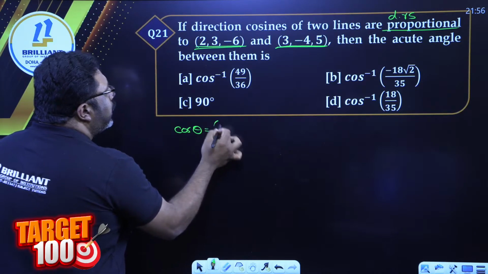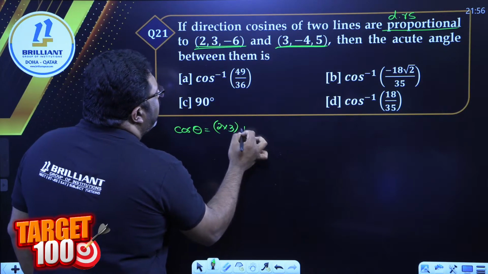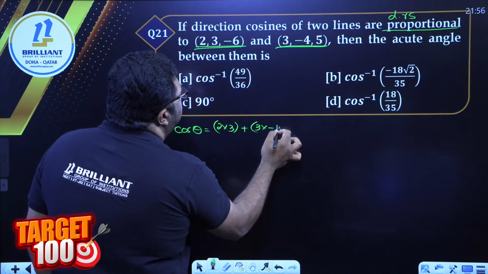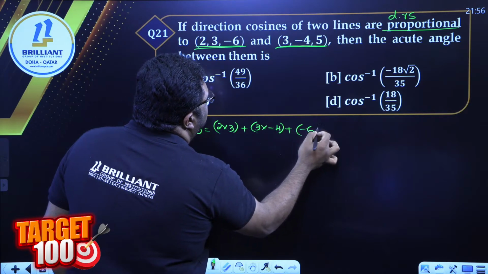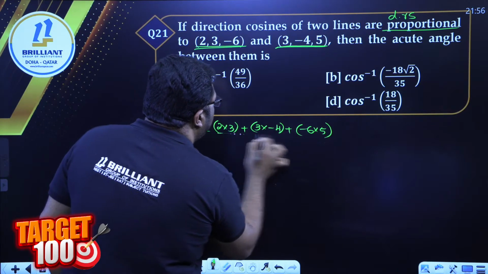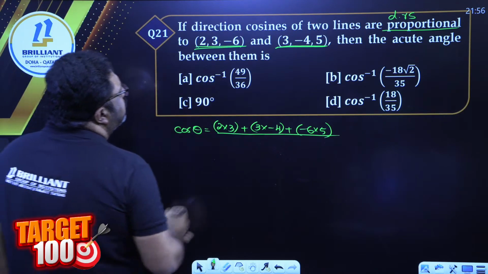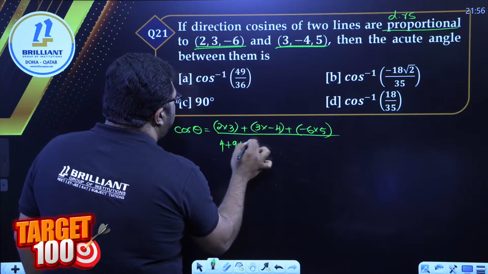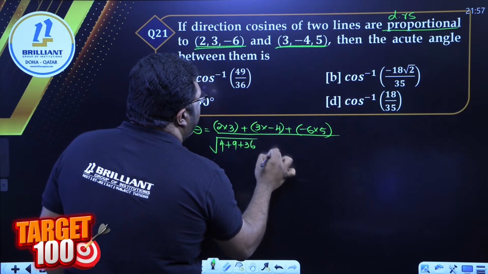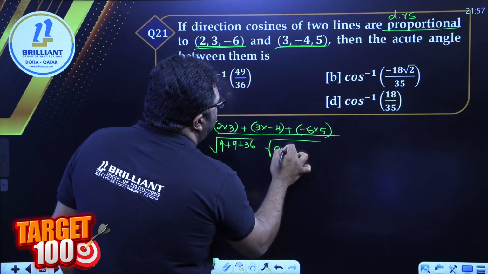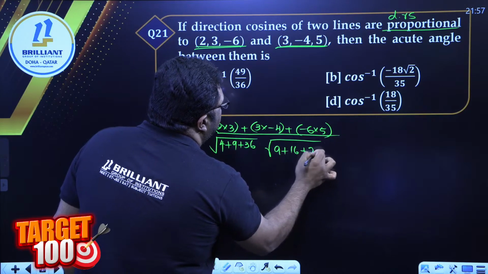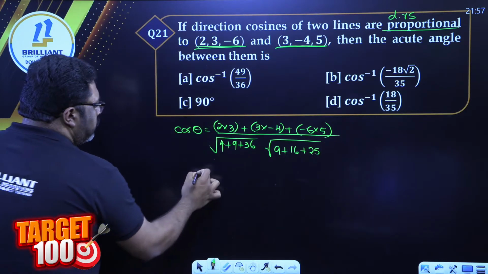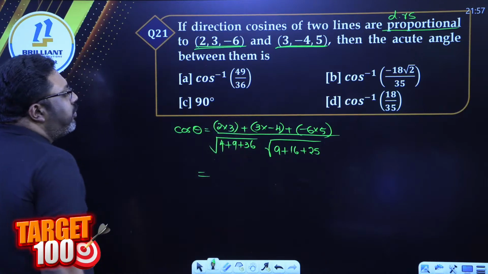Multiply it. 2 into 3 plus 3 into minus 4 plus minus 6 into 5 divided by magnitude 4 plus 9 plus 36, and then 9 plus 16 plus 25. Numerator 6 minus 12 minus 30.